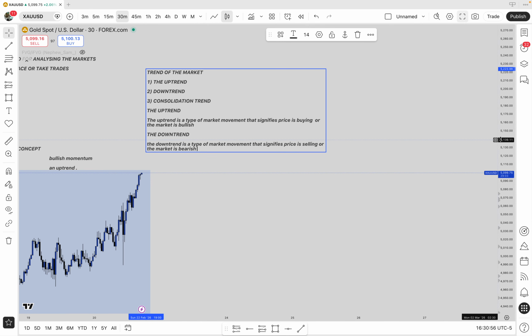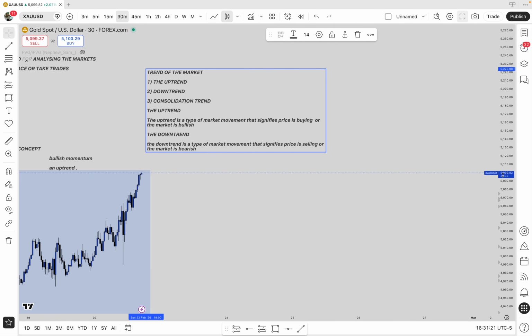Now, when I say price, if you take a look at the right side of my screen here, just follow my cursor, you can see that there are numbers on the side of your screen. Like I said, Forex is not maths. Don't be scared, because me myself personally, I don't even know maths. So now you see that price is what? These are price range. Now, if you take a look at the market, this is where price is currently sitting at on gold, right?